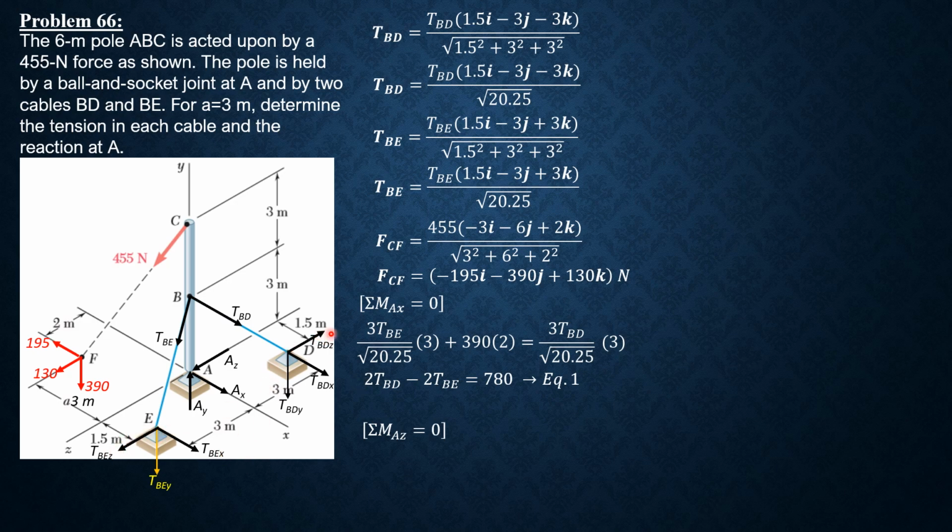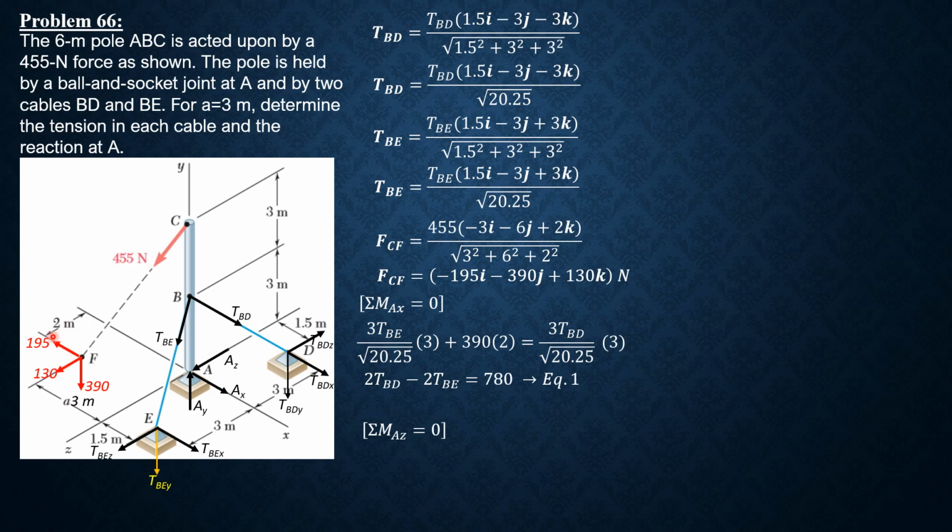Here 2, here 2, then 2 also involved for the component reactions of the force or components of the force. So unless we sum up moment about AZ, then TBEX passes through AZ, parallel, so only TBEY and TBDY are involved, passes through AZ and parallel to AZ.